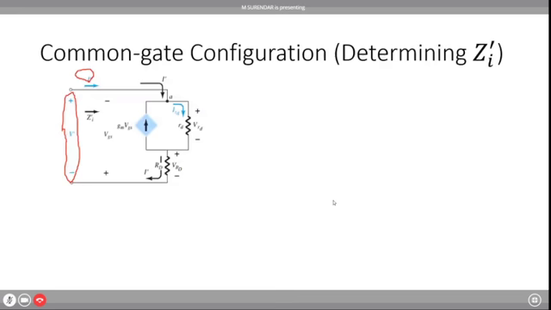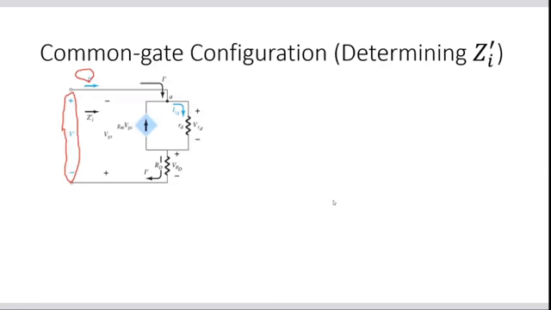Ultimately we need an equation which has only V prime and I prime. Everything else should be a constant. Here we can see that Zi prime is V prime divided by I prime, and V prime, if you compare with VGS, the terminals are minus and plus here.